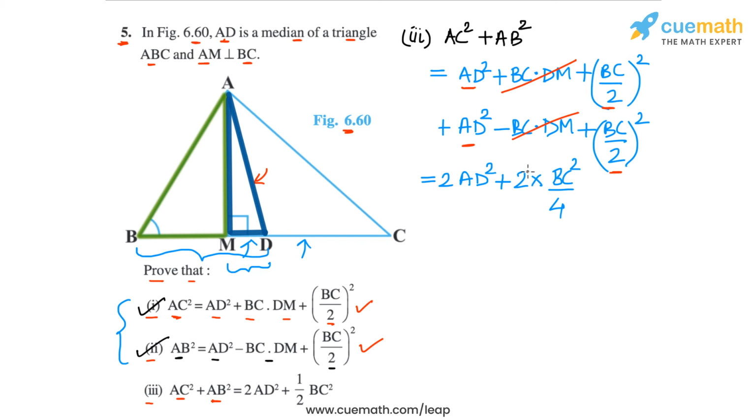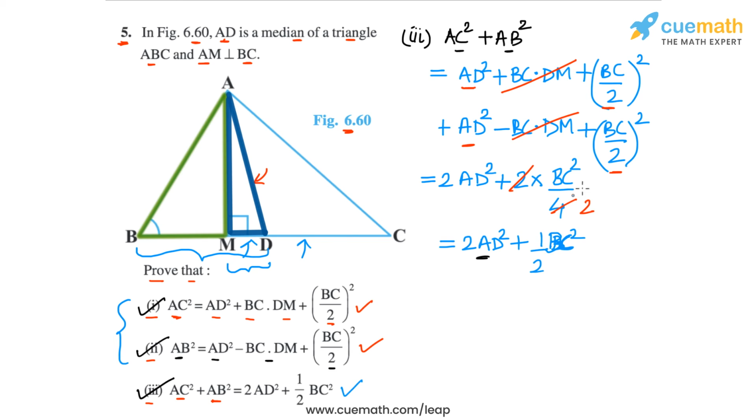And now finally, 2 by 4 is 1 by 2. So I can write the right hand side as 2AD square plus half BC square. And this is the RHS in part 3. So this completes our proof for part 3, that AC square plus AB square is twice of AD square plus half of BC square.